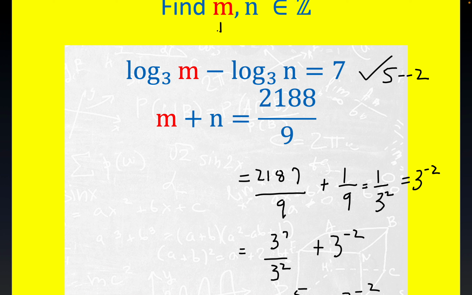M equals 3 to the 5th, y'all, which is 243. And n is equal to 1 over 3 squared, which is equal to 1/9.